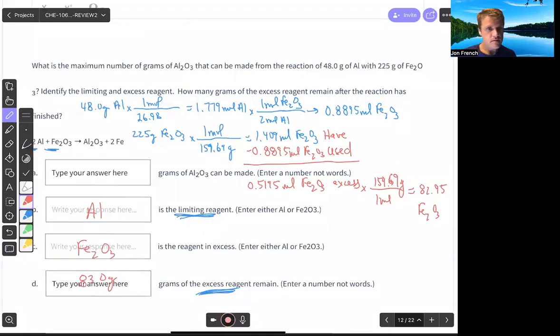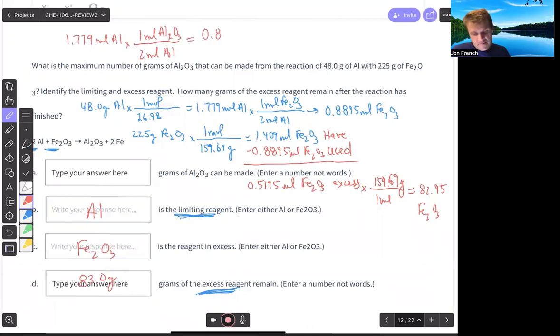And the last thing we have to do is find the grams of aluminum oxide that can be made. I had 1.779 moles of aluminum. For every 2 moles of aluminum, I'm going to make 1 mole of aluminum oxide.